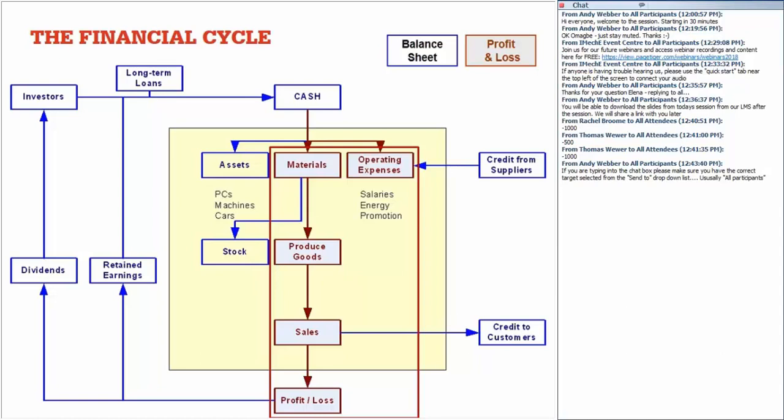We begin here with investors. Investors put money into the business, and that money becomes cash. They may also decide to take out some long-term loans, which adds to cash.